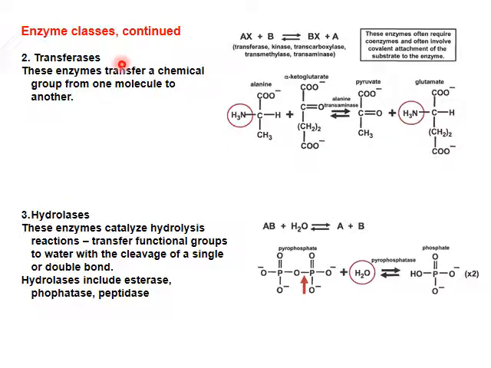The second class is a transferase, and so the general concept here is you have a substrate A with a moiety, a functional group, or some part of the molecule that you'd like to transfer to B, and then B accepts that group, and then A doesn't have it anymore, and so this is called a transferase reaction. So you transfer a chemical group from one molecule to the other.